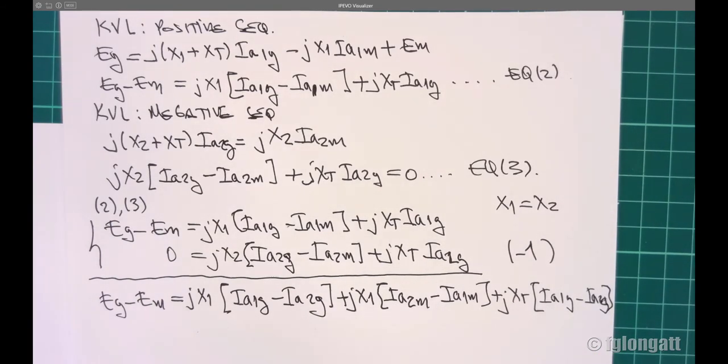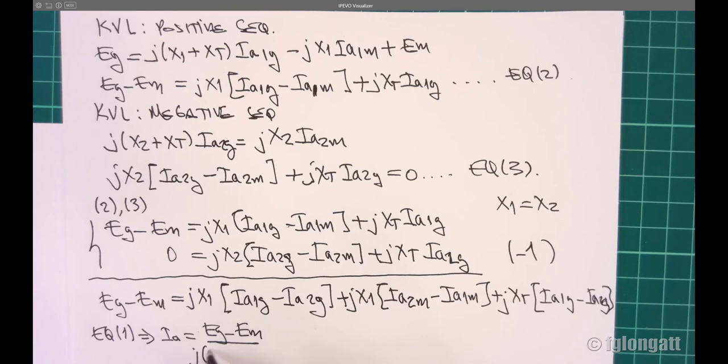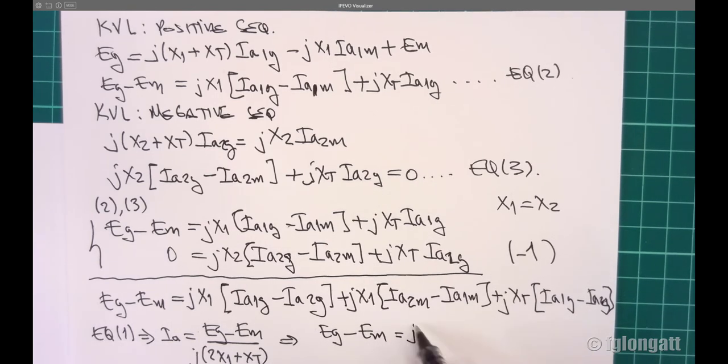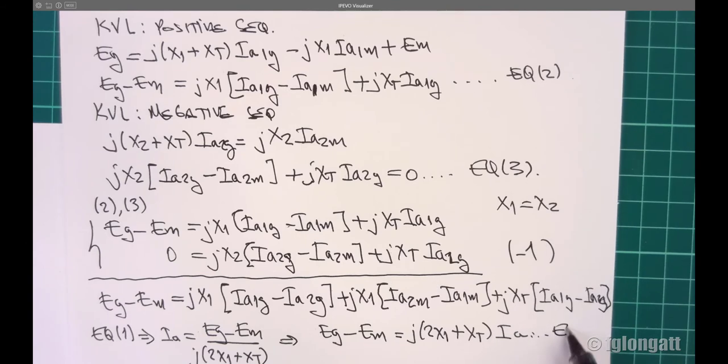Now the situation is very simple. Why? Because if you remember from equation number 1, we can say that the current, as a consequence, we can rewrite this equation like, and finally this is equation number 4. And what I will do is include equation number 4 in this equation above.